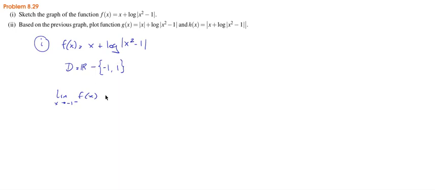Plus x, so this is going to be minus infinity. And you can do this for every asymptote. This is also the same as the limit when x goes to minus 1 on the right, this is going to be minus infinity as well, because this is going to be close to 0, and also for the other asymptote, 1.